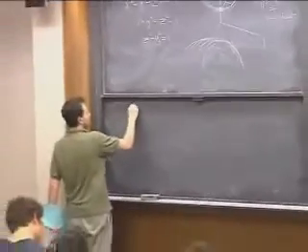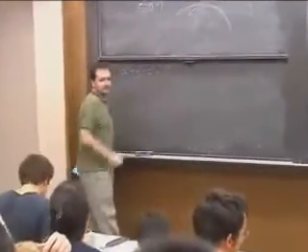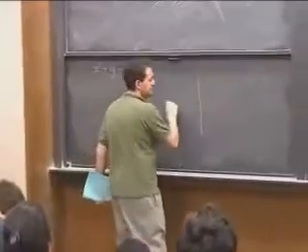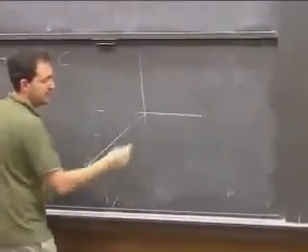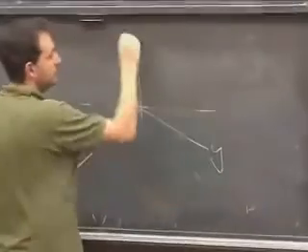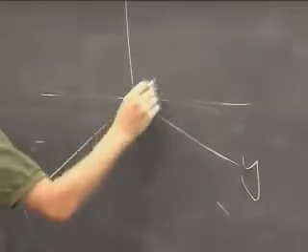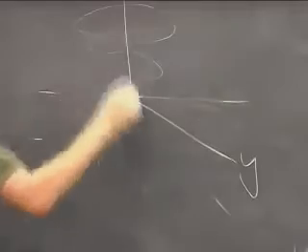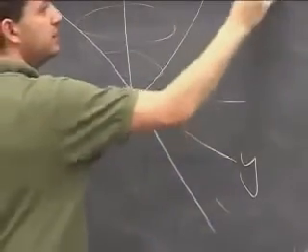Okay, what is the connection between these three? Let me draw in x squared plus y squared minus z squared equals c. Okay, here's what it looks like. Here's my x, here's my y, here's the z. If c equals 0, I get the cone.